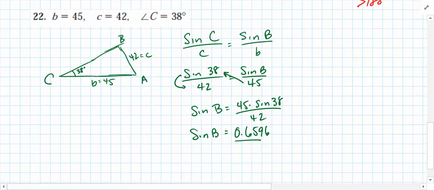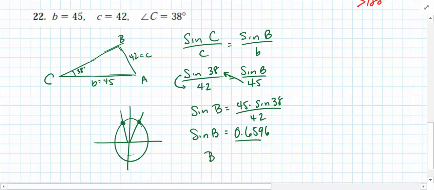So I'm going to start thinking to myself here, if I looked at a unit circle, what angle B would give me a y value of 0.6596? And again, there could be two of them. These two points here could have a y value pretty close to this.